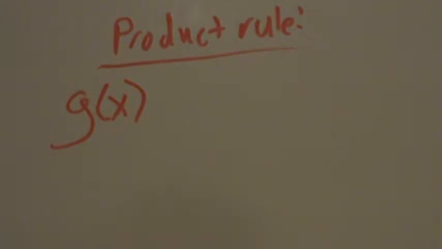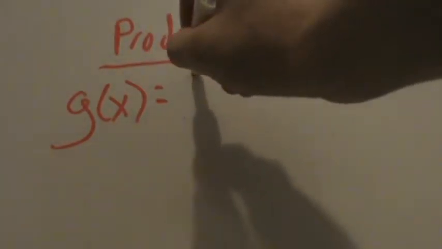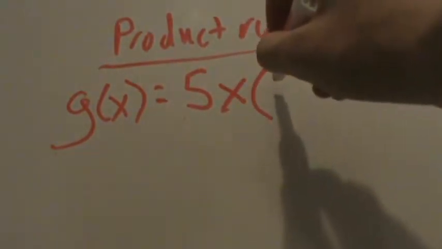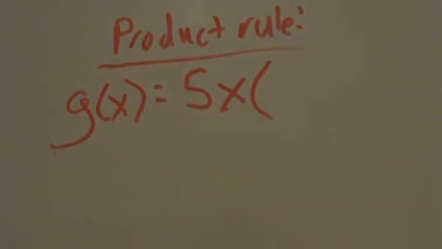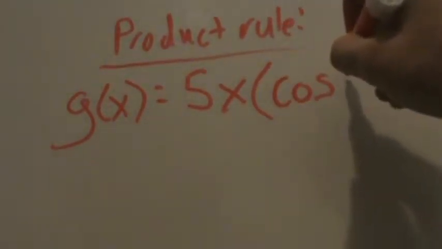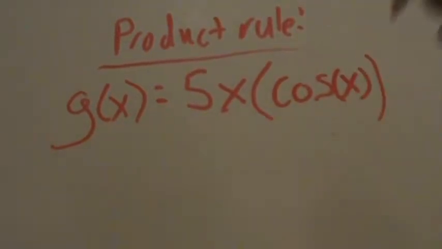Okay guys, today we're going to explore a new version of differentiation, and we're going to explore the product rule. So if you had some sort of function, let's say g of x, and you wanted to find the derivative of two functions being multiplied together, well, you know how to do these individually, but how would you find a derivative for something like this?